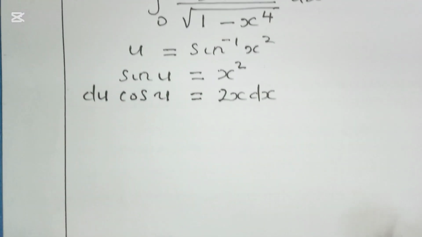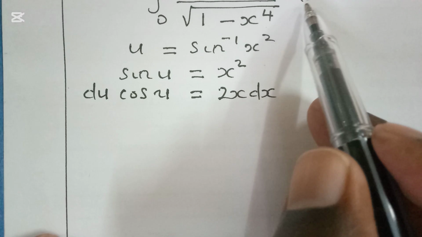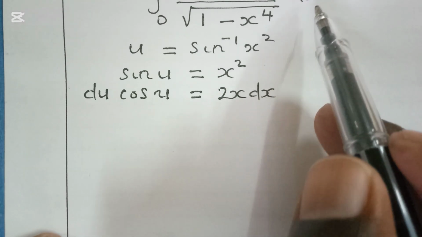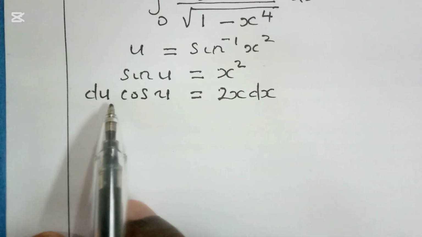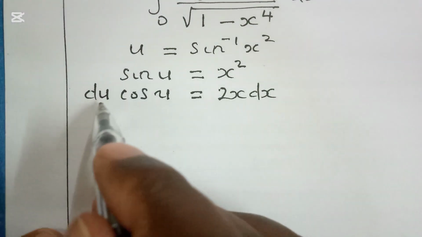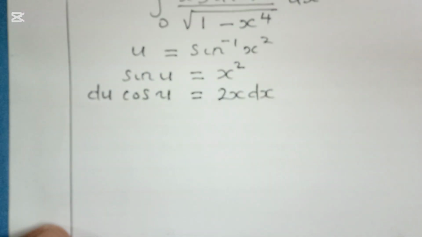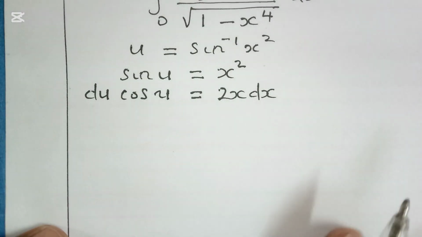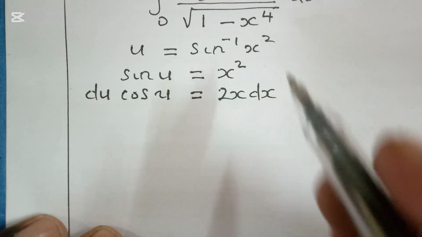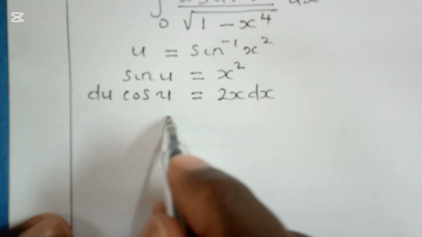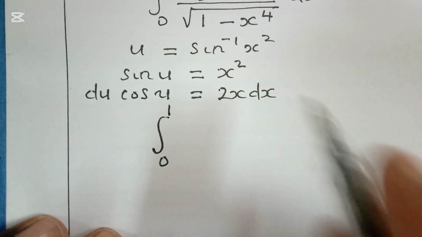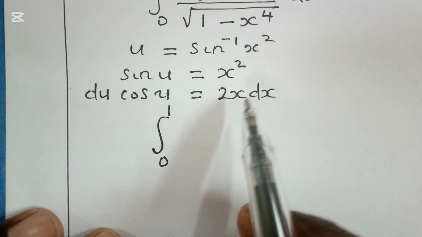From there guys, because I will have to replace dx, what I have written right here is actually okay. And so we now go ahead and write my integral here, that is 0 to 1. I can write x, as you can see here we have an x.